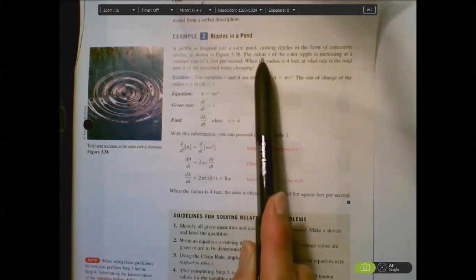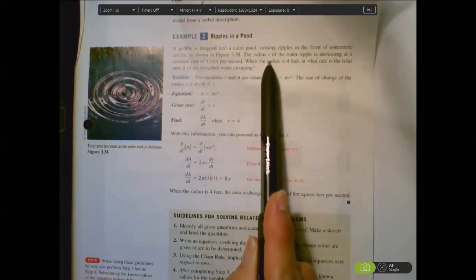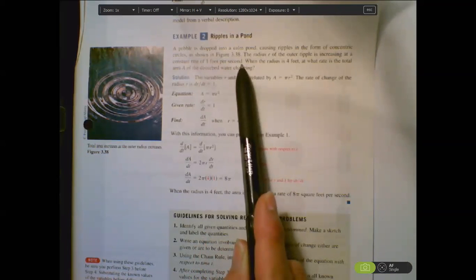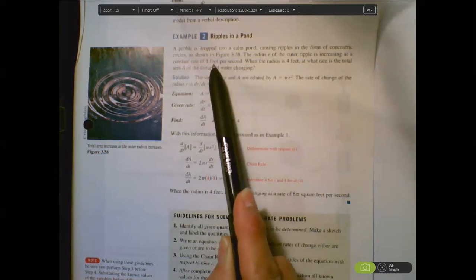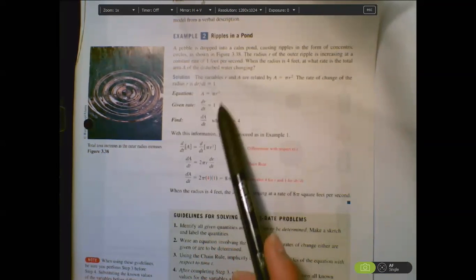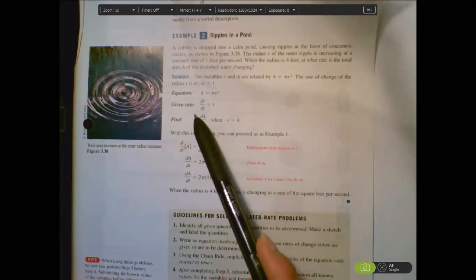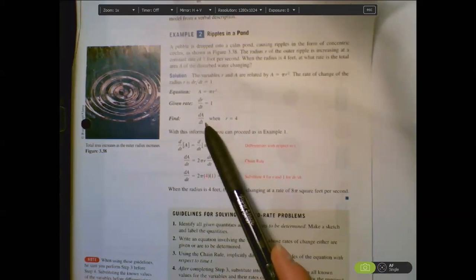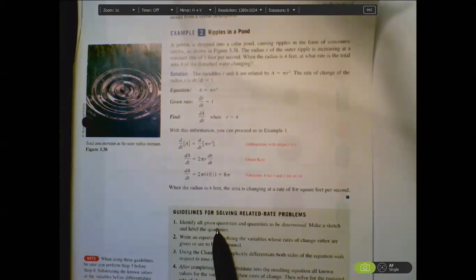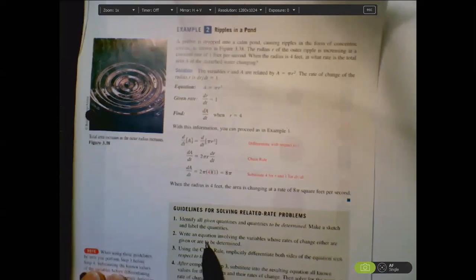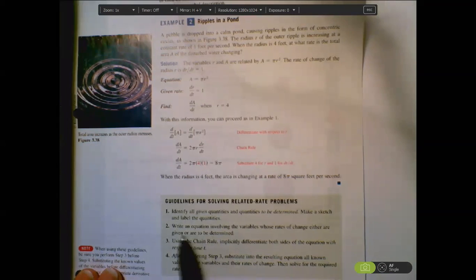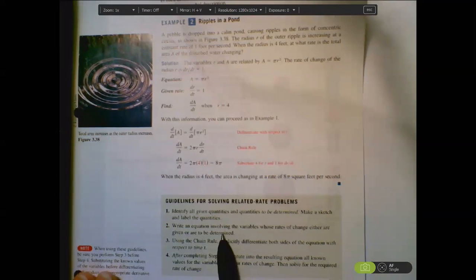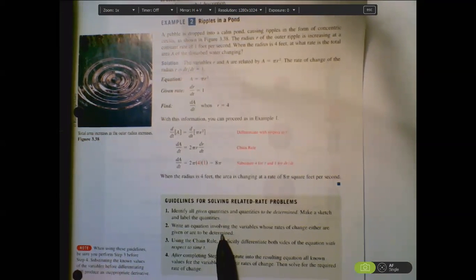It's a change in radius, so it's dr, and it's with respect to time, so dr over dt. And once we write that down, we identify what we're looking for. And that's number 1. Number 2, write an equation involving the variables whose rates are either given or are to be determined.